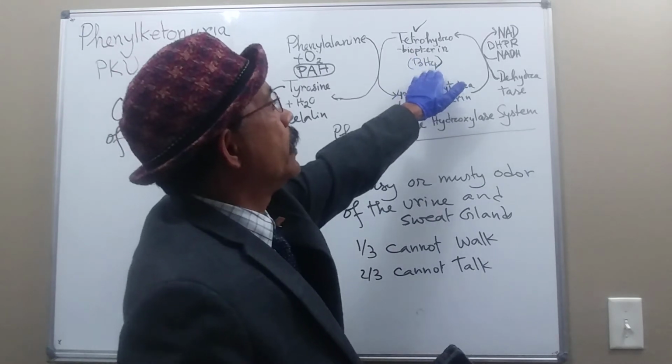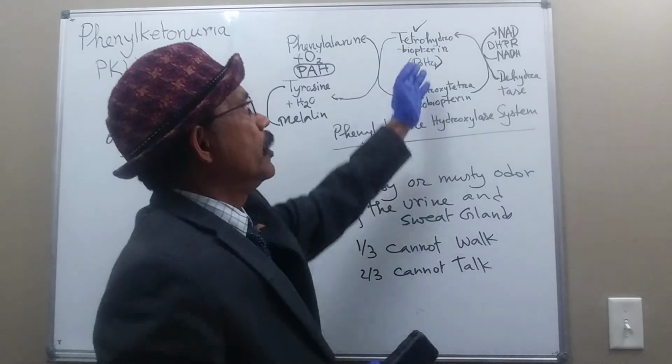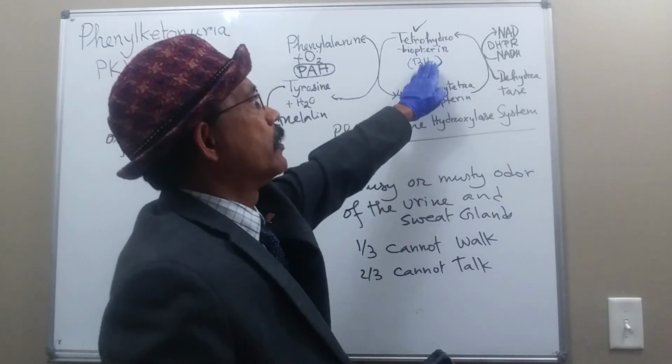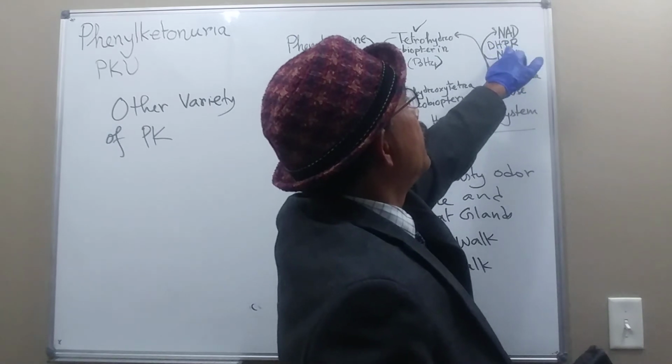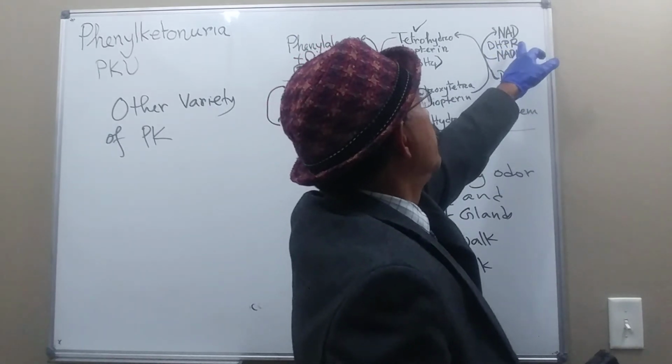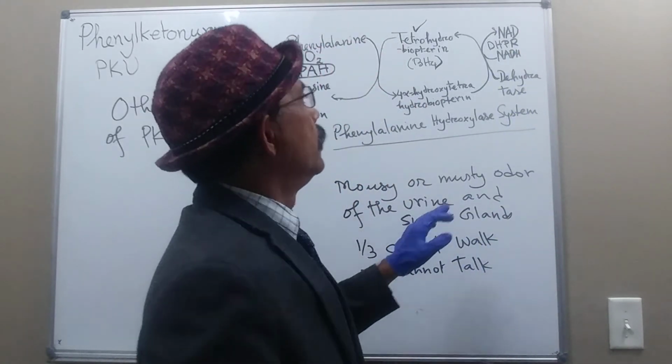Due to a defect of that, we may have phenylketonuria, but we have some replacement therapy for that. Or it may be a defect in DHPR, dihydropteridine reductase.